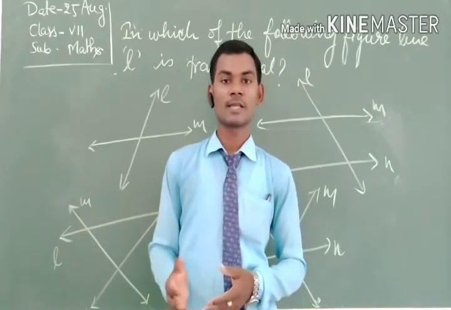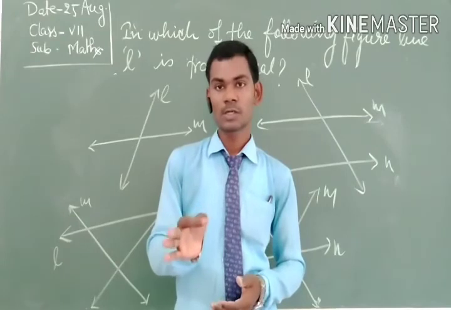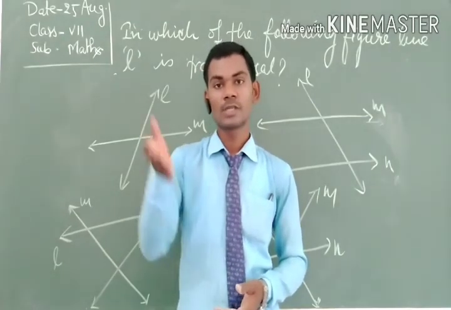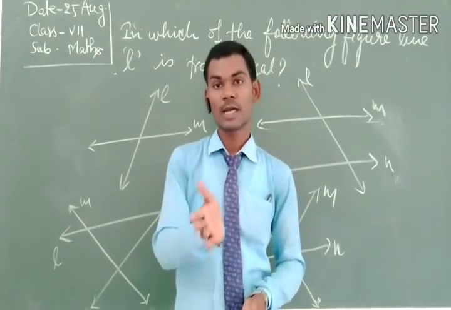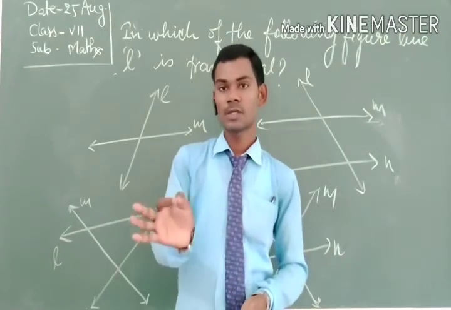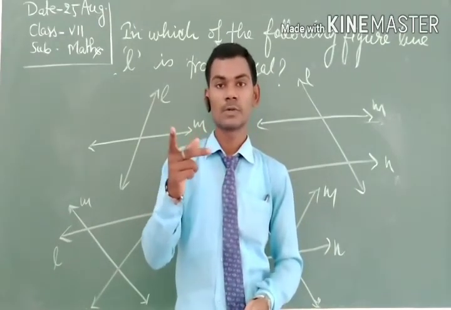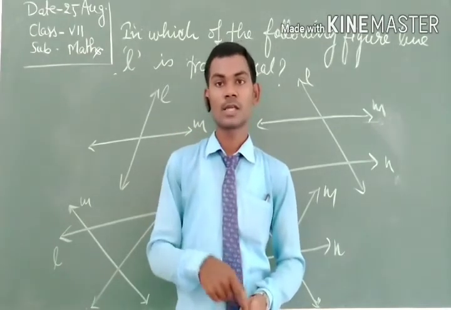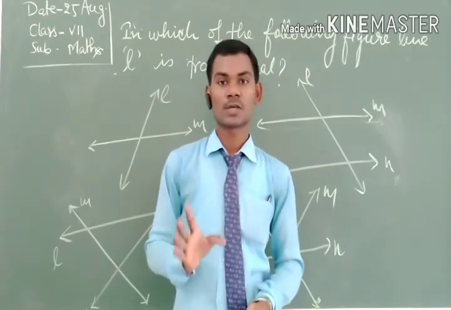The important condition is that the line intersects two or more lines at different points. If it intersects at the same point, then the line is not really a transversal.